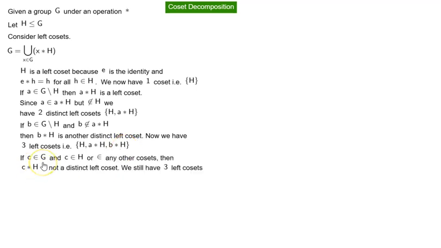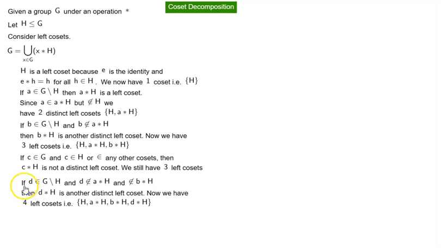If c is in G and c is in H or in any other cosets that we have already found, then c times H is not a distinct left coset. So we still have only three left cosets. Let's take another element.